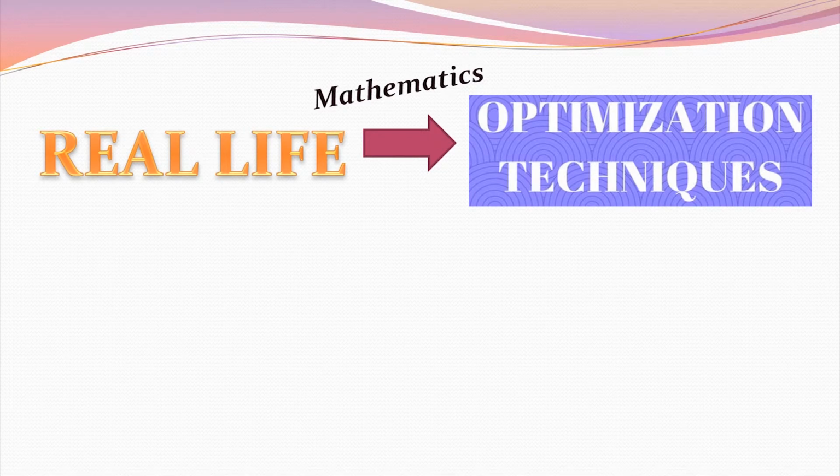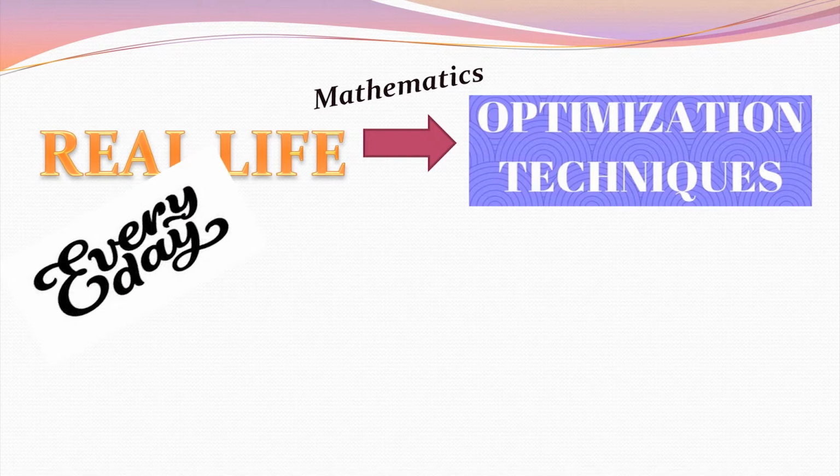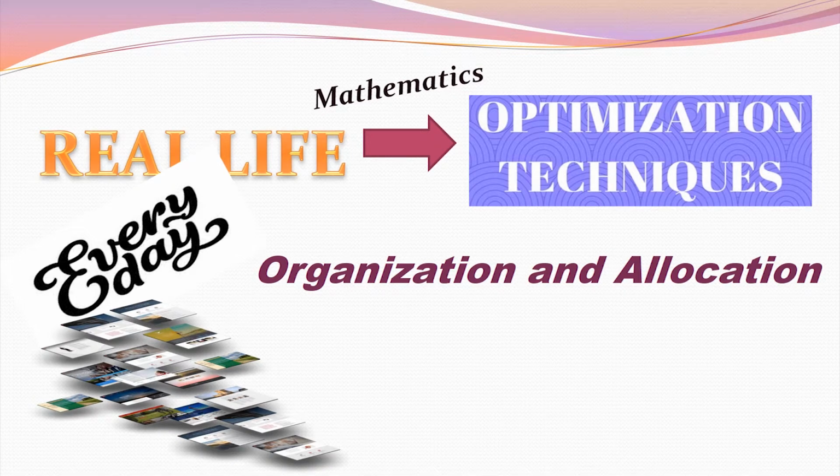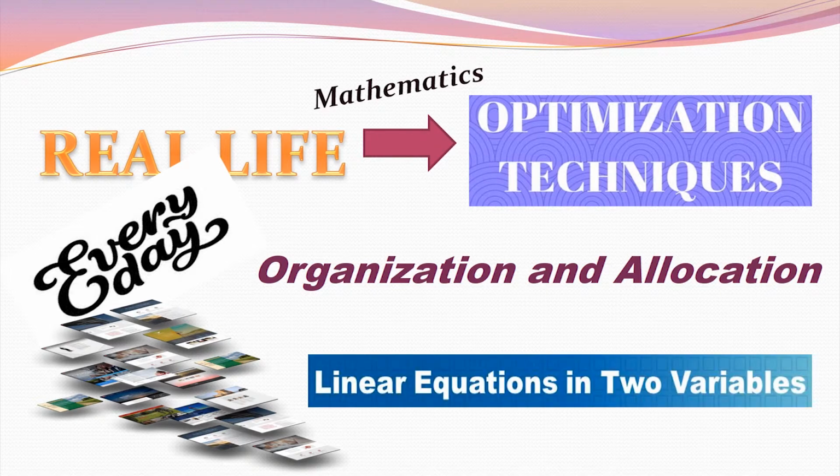This field uses everyday data in the organization and allocation of resources. These real-life systems can have dozens or hundreds of variables or more. In algebra, though, you'll only work with the simple and graphable two-variable linear case.